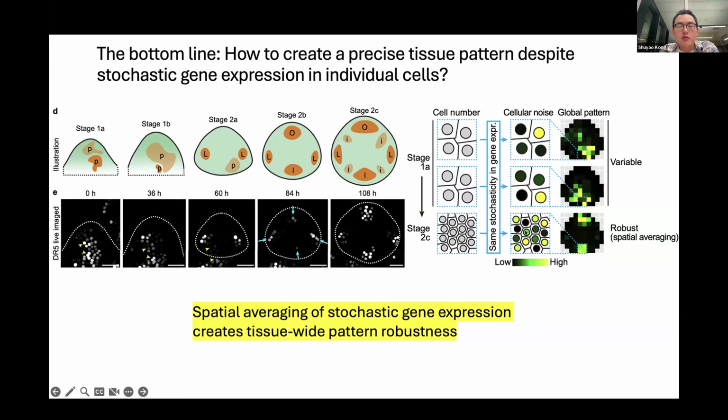That means if a cell just happens to express a lot of DR5 and its neighboring cell is not expressing it at all, it doesn't matter, because when you look at the whole cell neighborhood, there are always going to be some cells that express the auxin response, and that's going to make the region into an auxin maximum. So that was basically what we found.